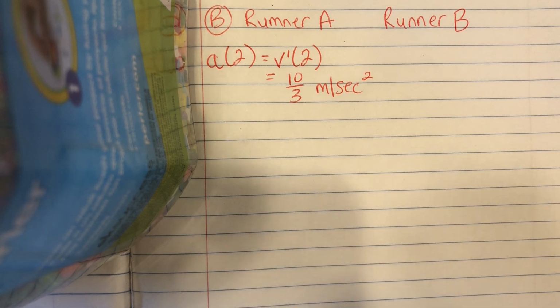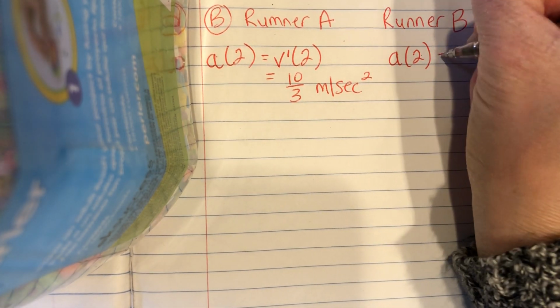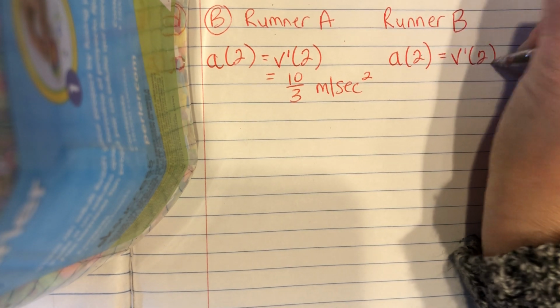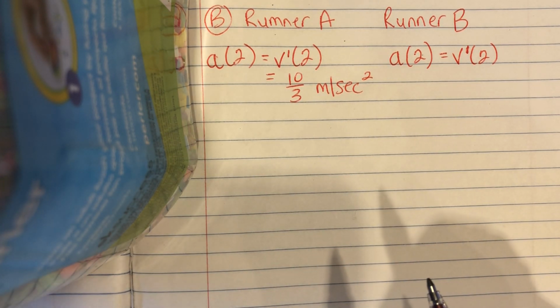To find the acceleration of runner B, we are looking for the derivative of the velocity function at a time of 2.